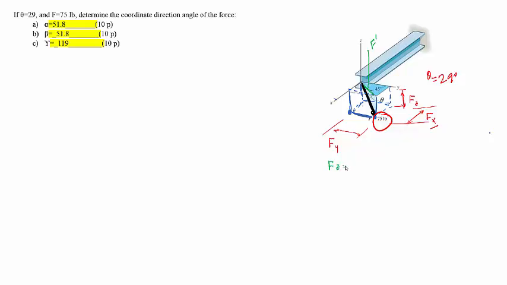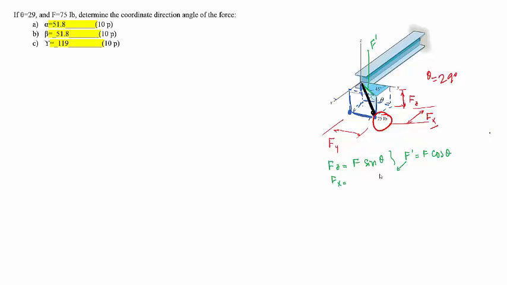So Fz is going to be F times sine of zeta. F prime is going to be equal to F cosine of zeta.